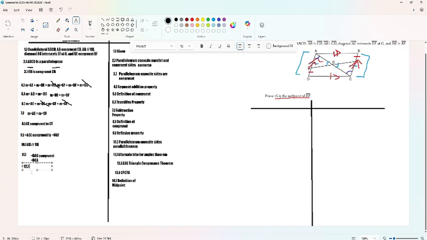Angle, side, angle, triangle congruence. So triangle AGE is congruent to triangle CGF. Gotta match it up.